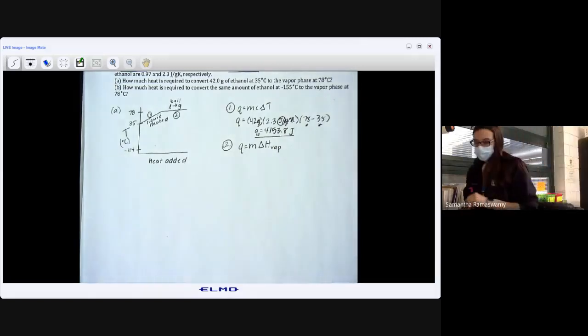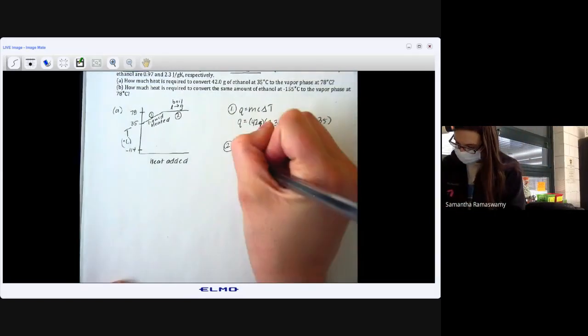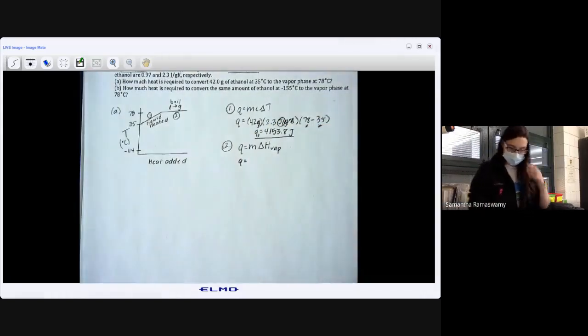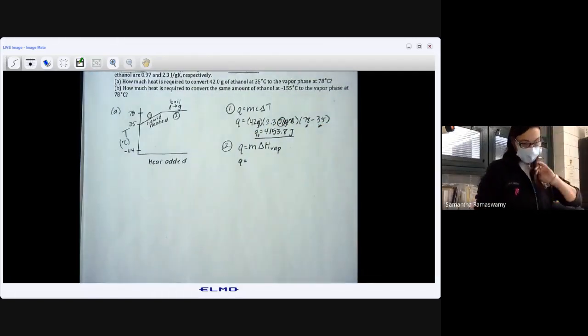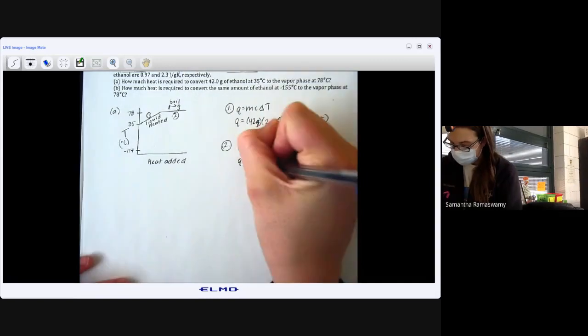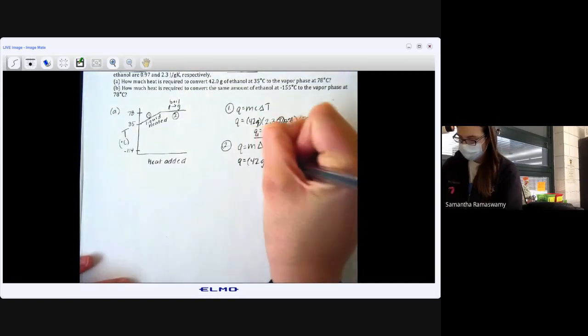So then for Q2, we have M times delta H of vaporization. And again, the reason that we're using vaporization is because it's in the vaporization plateau. It's boiling or evaporating. So the mass, it's still 42 grams of ethanol.